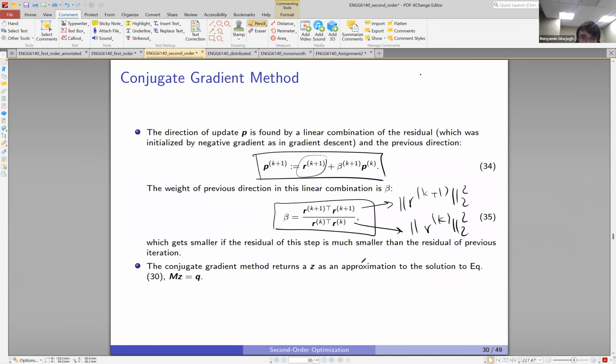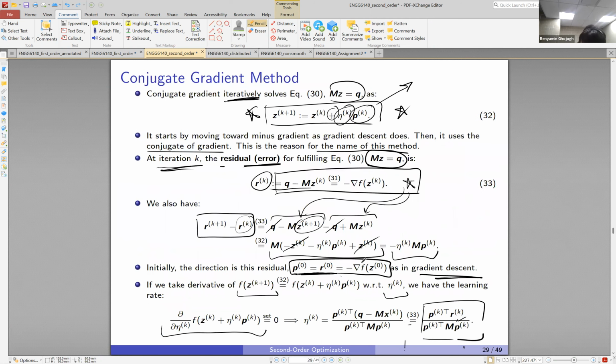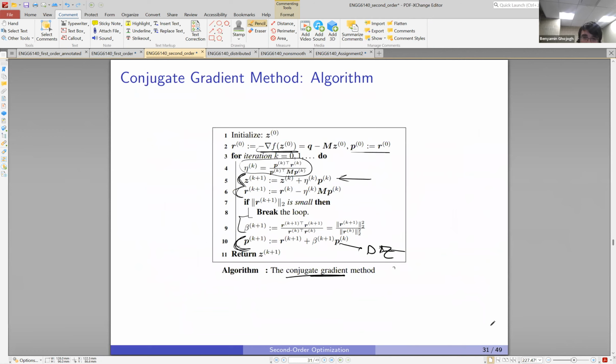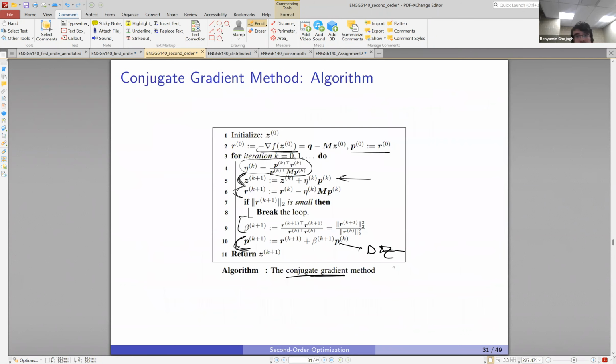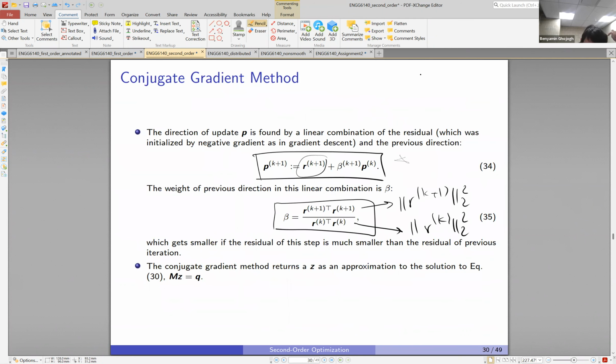However, the linear conjugate gradient method was using this equation for finding eta. I'm talking about their differences. The nonlinear conjugate gradient method uses steepest descent for finding eta. Also, it is using this equation, the same as we had in the linear conjugate gradient method, so in this case they are the same.